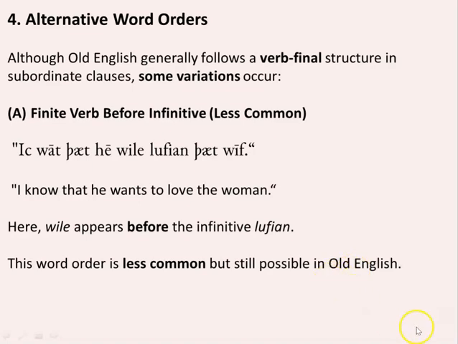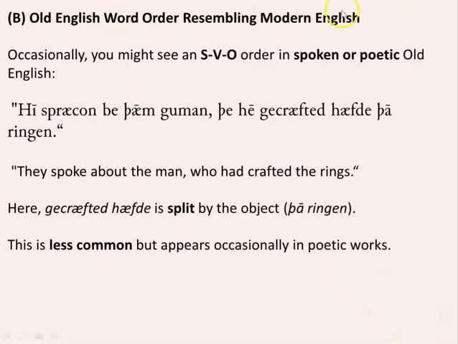All right. Let's have a look at another one: Old English word order resembling modern English. Occasionally you might see an SVO, subject, verb, object order in spoken or poetic Old English. I spoke about the man who had crafted the rings. Here, crafted havde is split by the object, tha ringen.